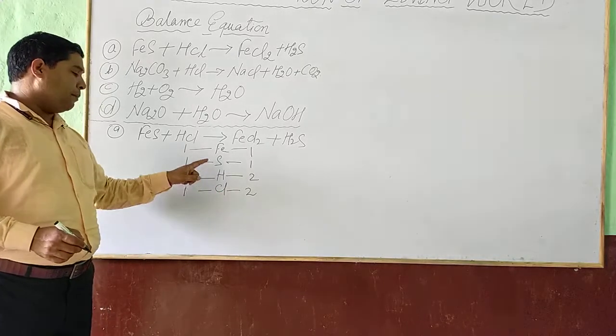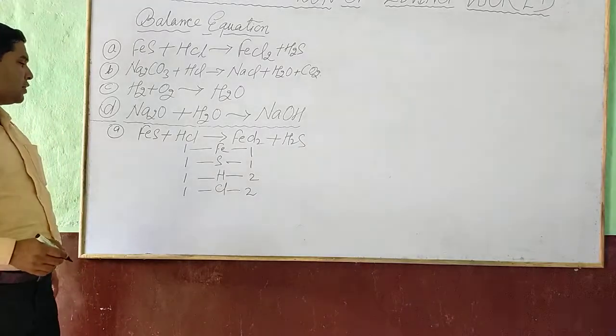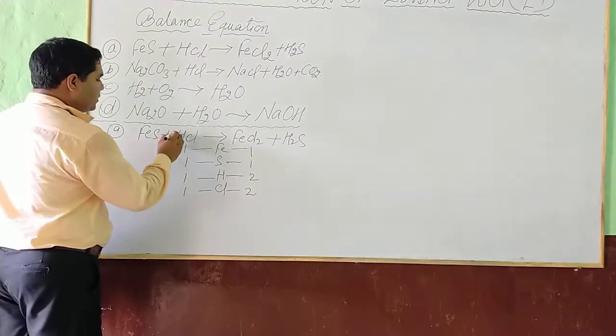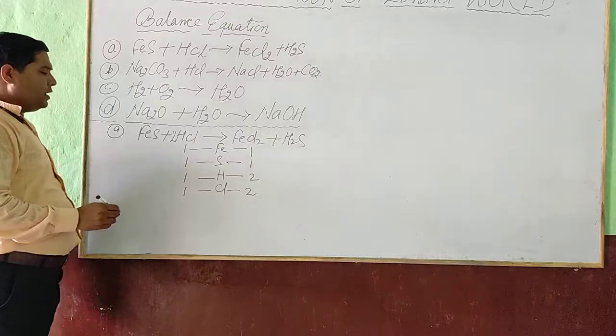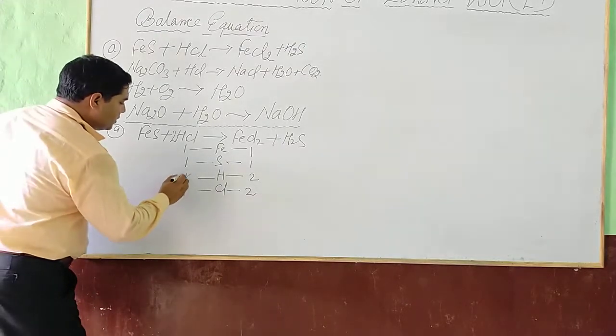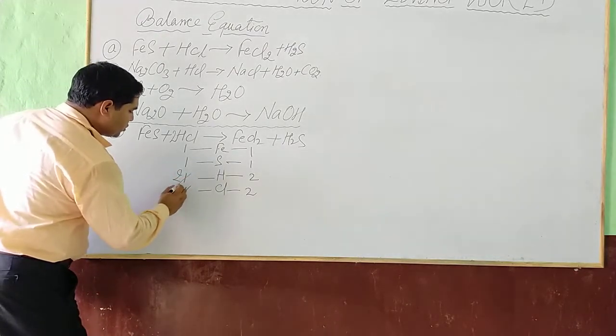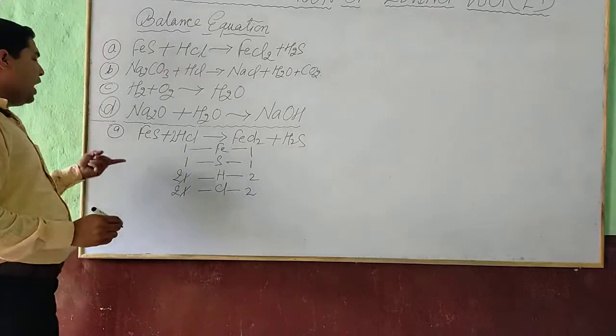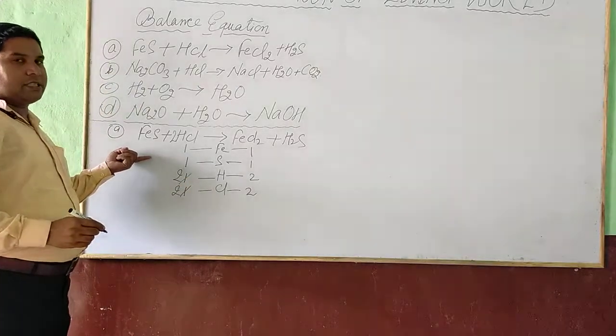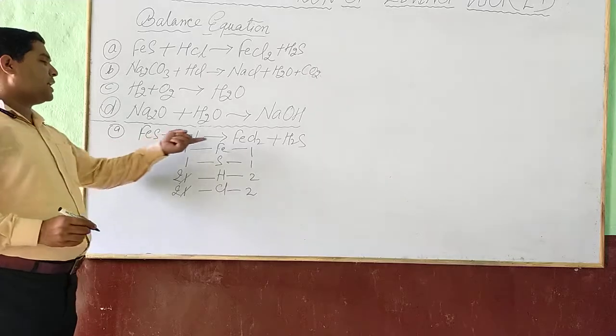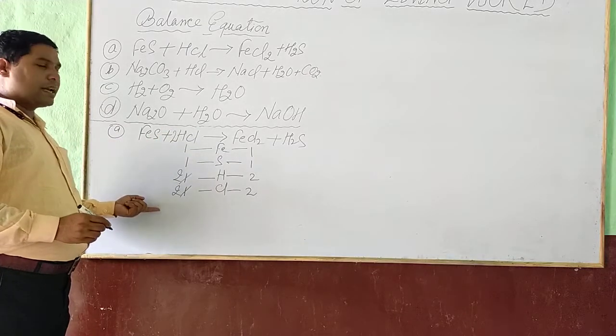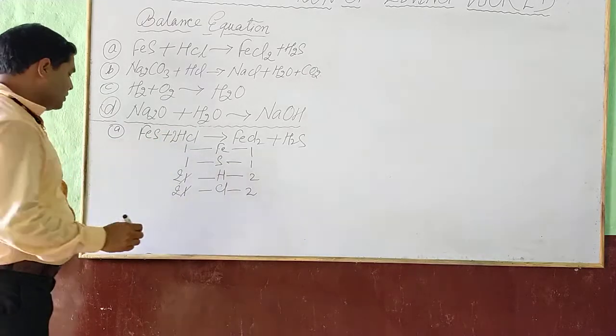To balance the elements, we put 2 before HCl, and now the number of hydrogen will become 2 and also the chlorine will become 2, and the equation is balanced, dear student. After the chemical equation is balanced, we write the balanced equation down.